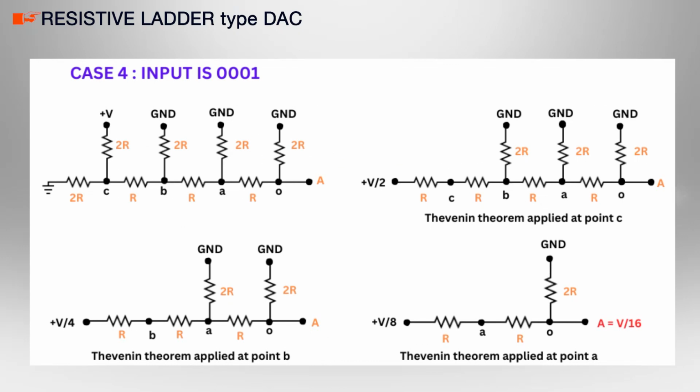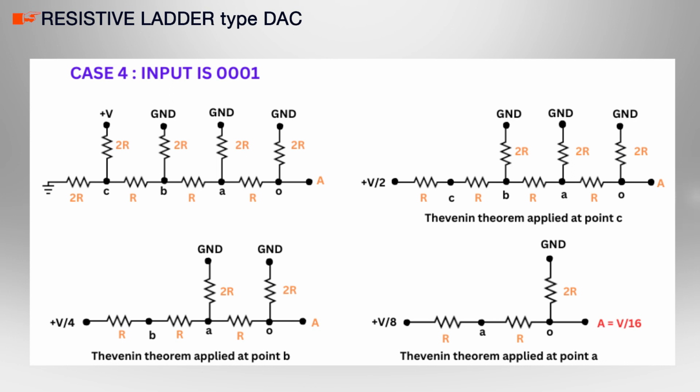Now, let us see the last case, case 4, where the digital input is 0 0 0 1, that is the least significant bit is high and other bits are 0. Again solve using Thevenin theorem from the beginning and get the final equivalent circuit.